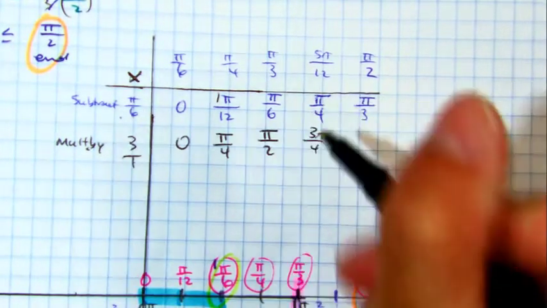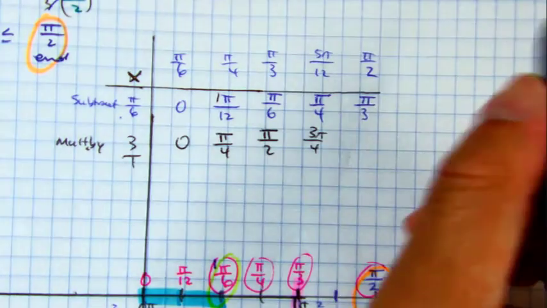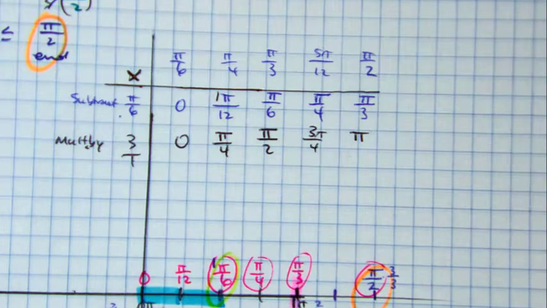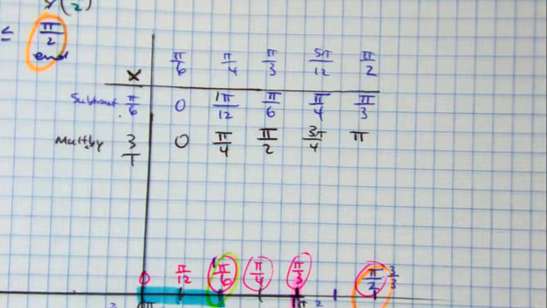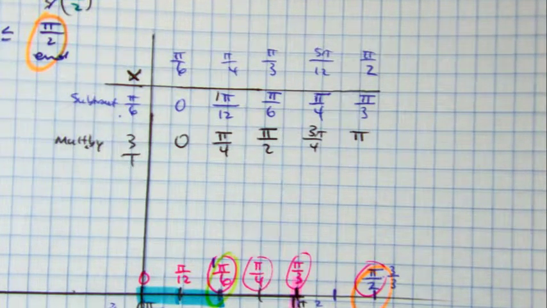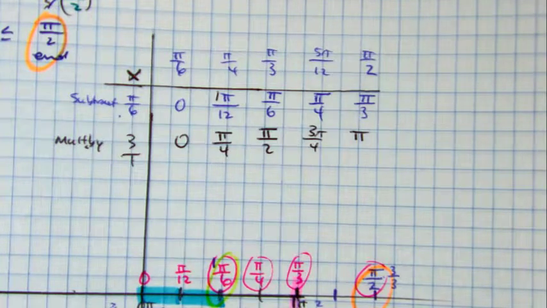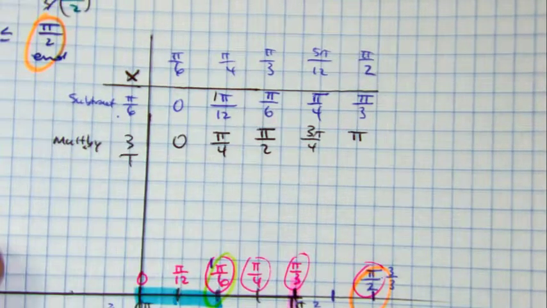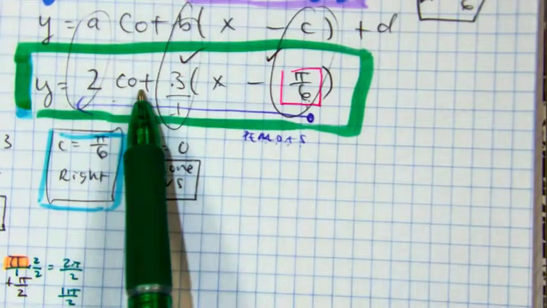And 3 times pi over 3, you get pi. Class, what do we do after multiplying by 3? Now we're going to evaluate at cotangent.